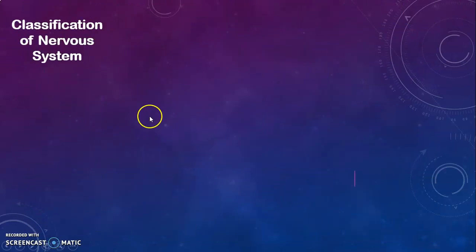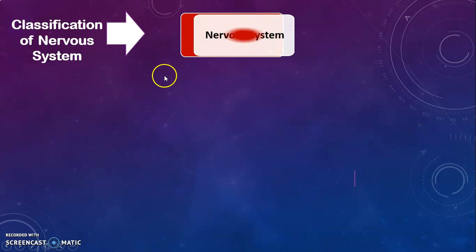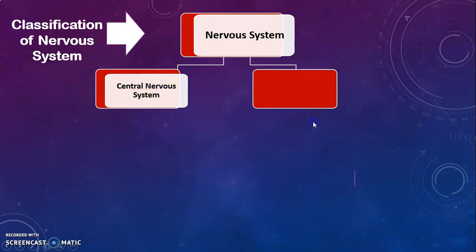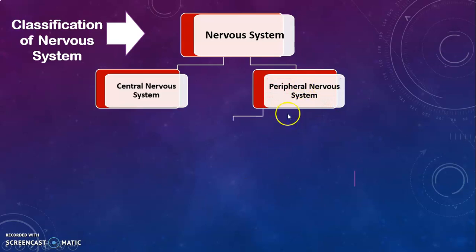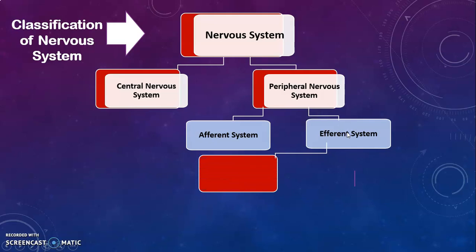First of all, we see the classification of the nervous system. The nervous system is divided into two parts: the central nervous system and the peripheral nervous system. Again, the peripheral nervous system is divided into two parts: the afferent system and the efferent system.